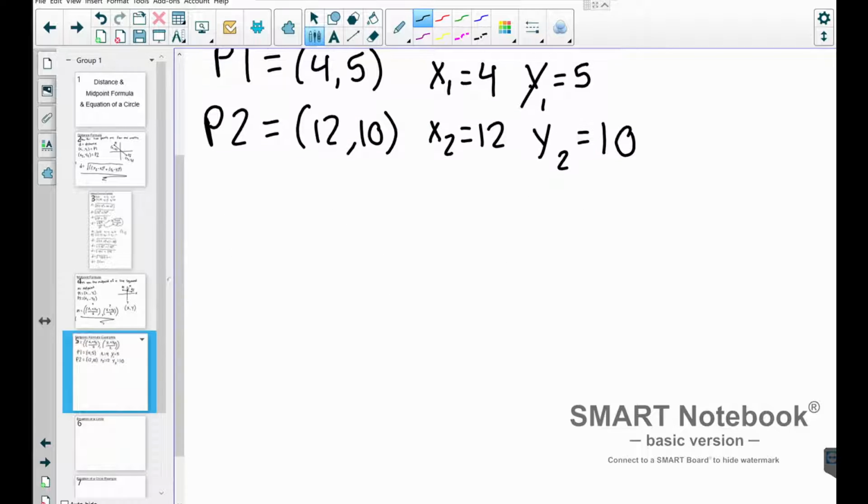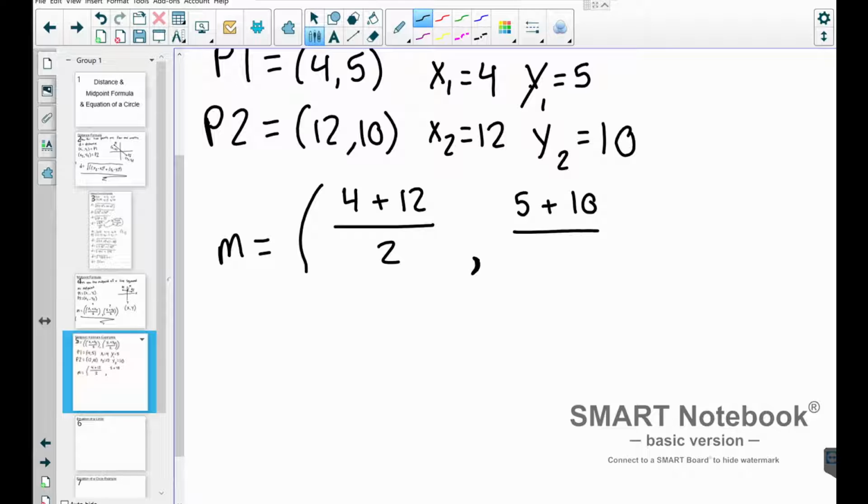We would have our midpoint is equal to x1 plus x2, so 4 plus 12 divided by 2 is our first coordinate. And our second one would be 5 plus 10, our y1 plus y2, divided by 2 as our second coordinate. So we can simplify these.